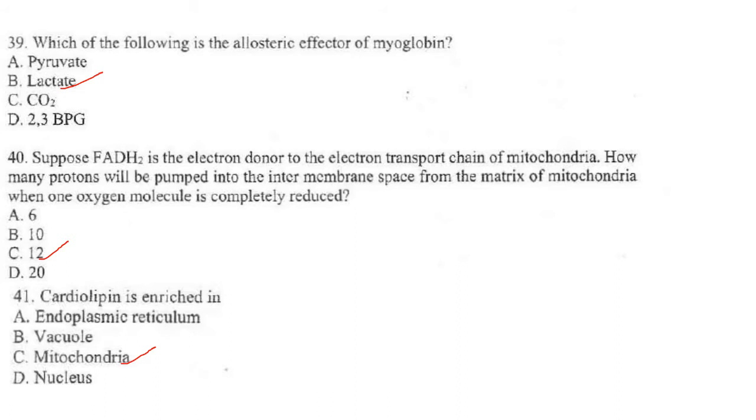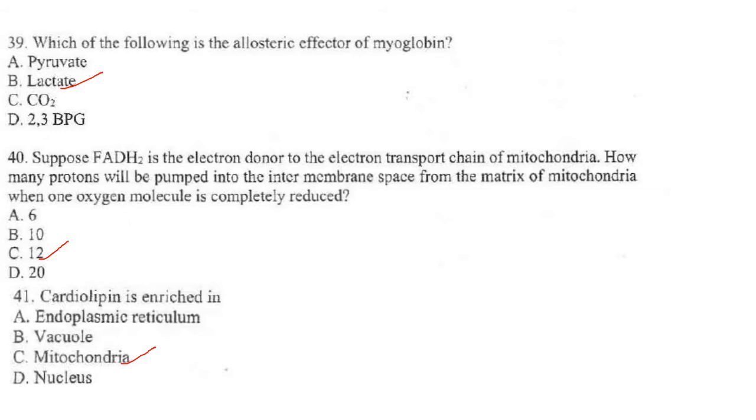But each glucose produces 2 pyruvate molecules which are converted to 2 acetyl-CoA molecules. And each acetyl-CoA molecule results in one full turn of the citric acid cycle. So 2 acetyl-CoA results in 2 full turns of the citric acid cycle. So 2 FADH2 and 12 protons are moved. Answer is option C.